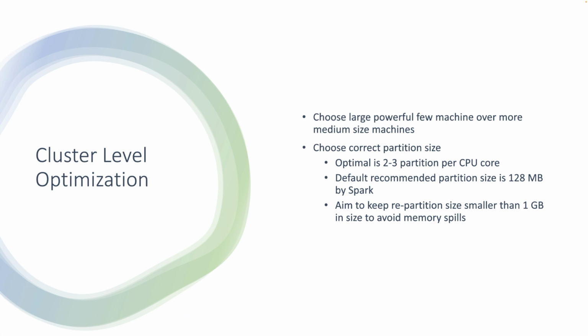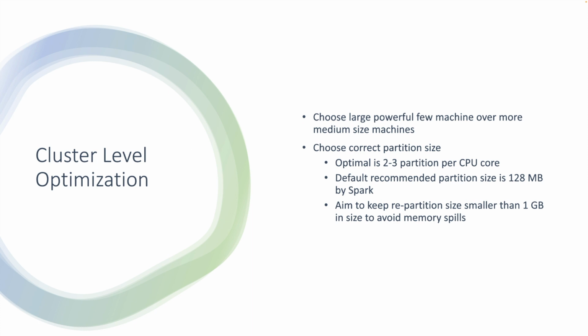very targeted at the garbage collector that Spark has, right? Anything over 1 gigabyte as the size of the partition sometimes causes memory spill. So if you want to avoid the memory spill and make sure that the memory is fully optimized for compute, then it is better to have your partition size anywhere between 128 MB and 1 gigabyte, right?